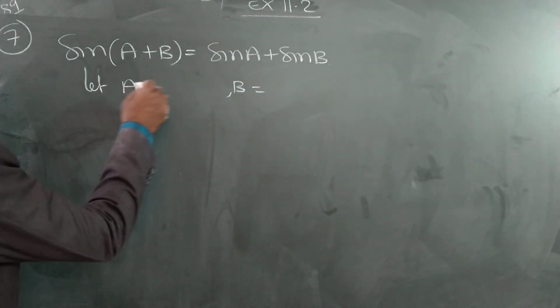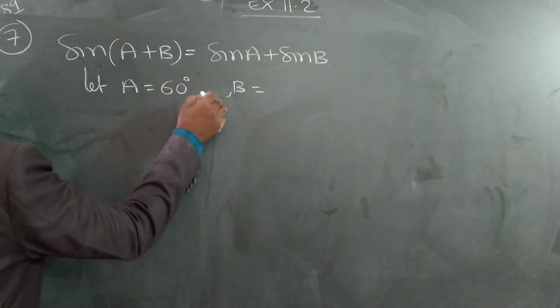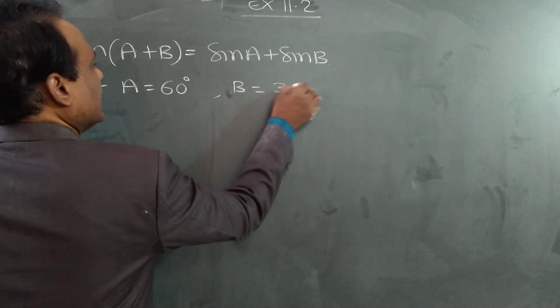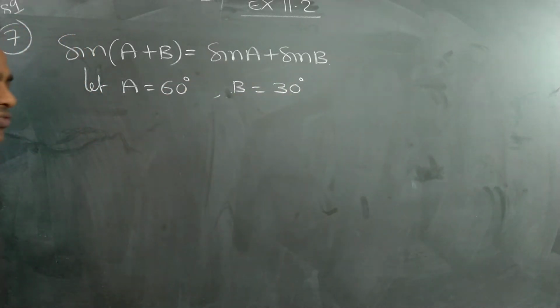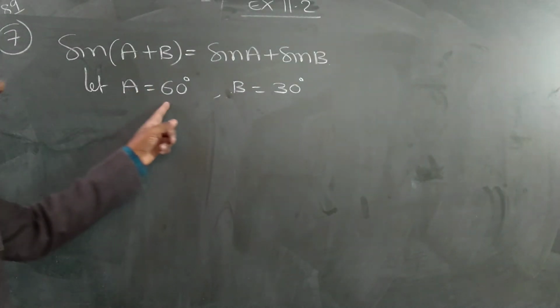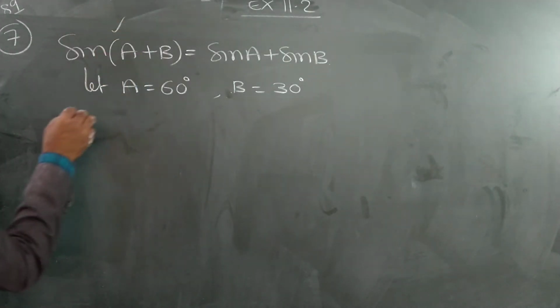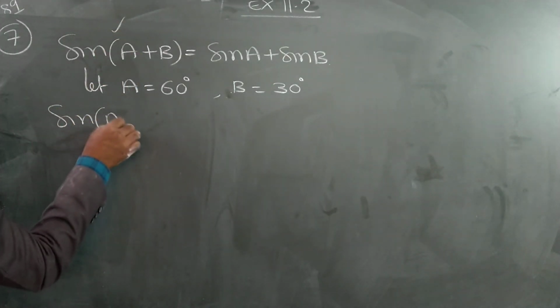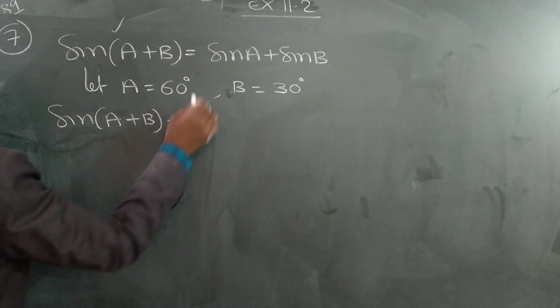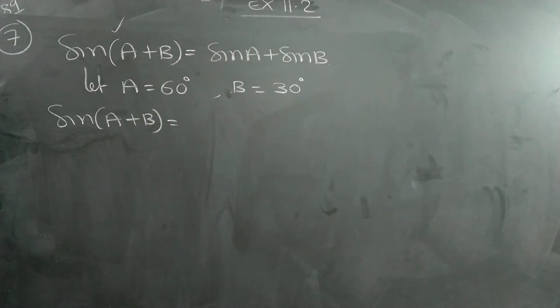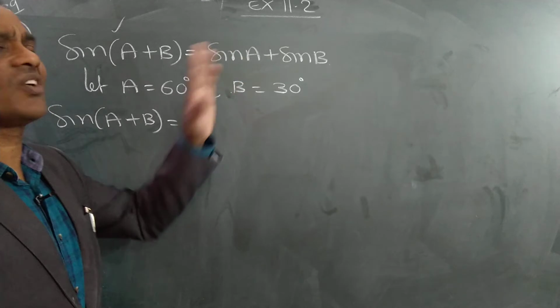So I am taking A equal to 60 degrees, B equal to 30 degrees. I will take the left side, sin (A plus B), and find this value separately. Let us check whether both are equal or not.